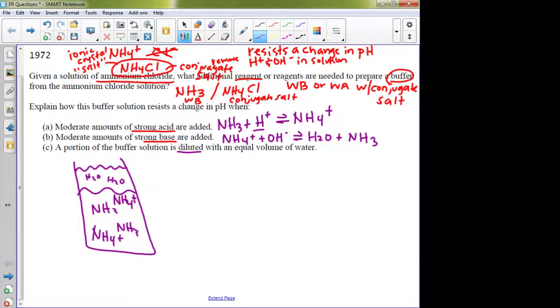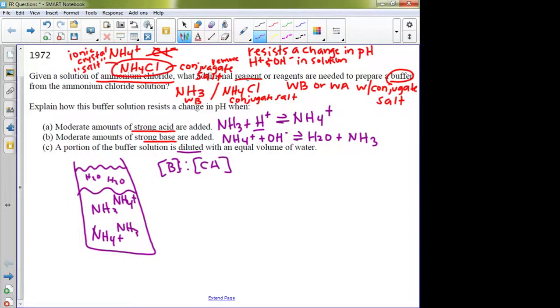Do I still have a good buffer? Yeah. Why do I still have a good buffer? Because I still have a good ratio of base to acid, right? Do I still have a good ratio of my base to my conjugate acid?